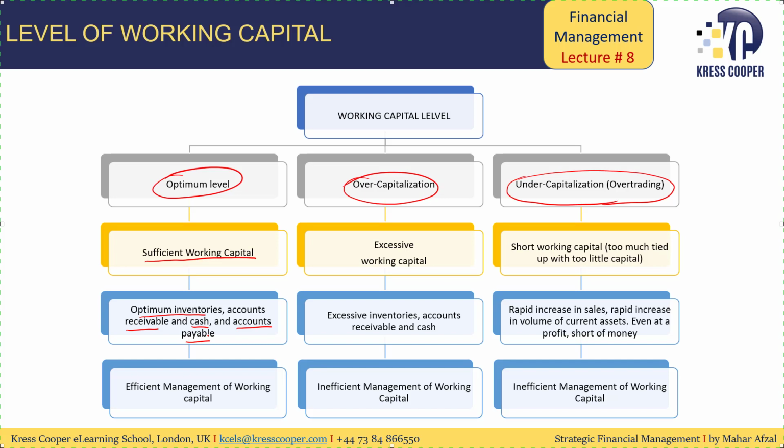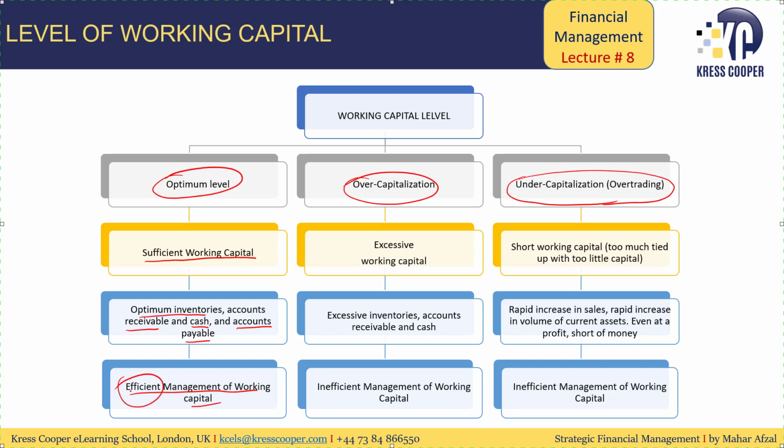So we can say in the optimum level of working capital, inventory turnovers are as per industry standards, account receivable collection period is as per industry standards, amount has not been stocked, amount has not been tied up in the working capital, and there is no shortage of working capital that the company will not be able to meet its short-term obligations. So this is optimum, not too much, not too low, sufficient level of working capital is there to meet the requirement of the business. So this is called efficient management of working capital.